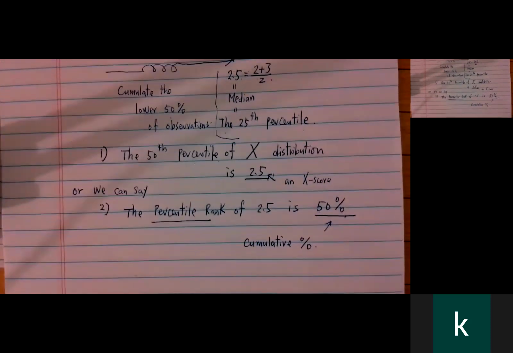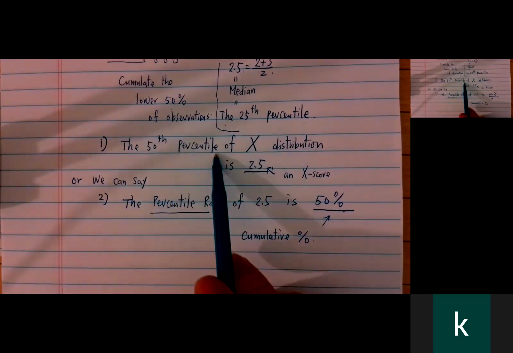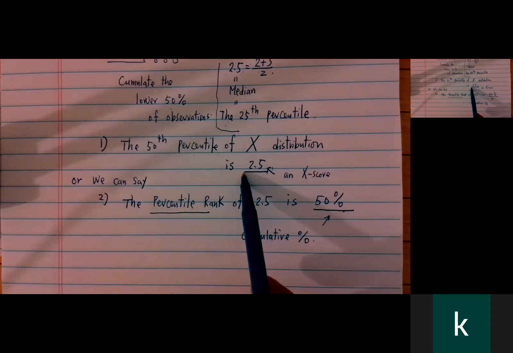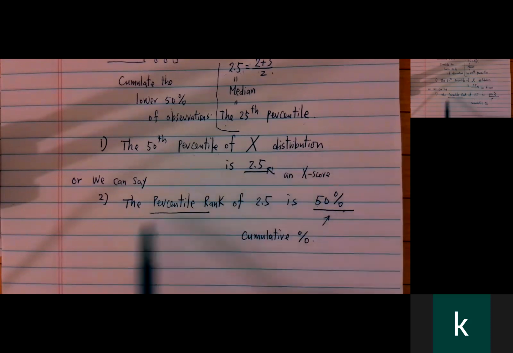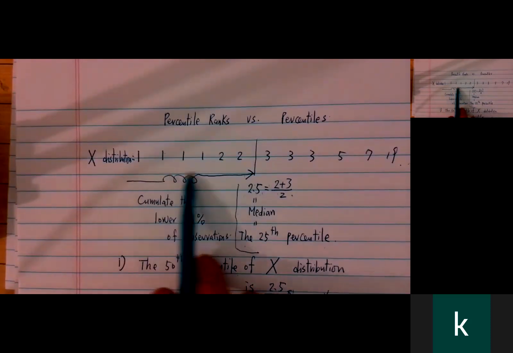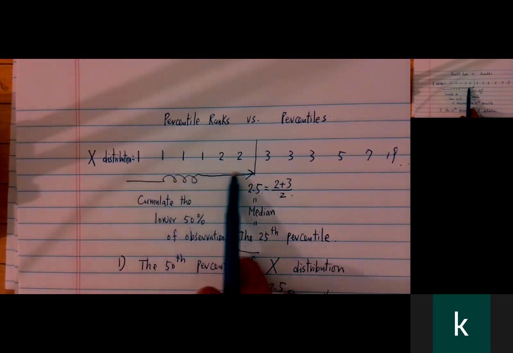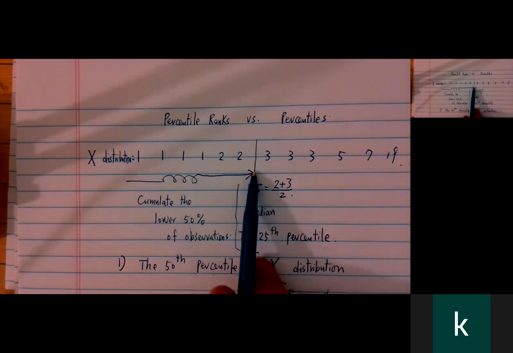So let's go over this again. Percentile refers to an X score, 2.5. And the percentile rank refers to the percentage. What percentage? If you accumulate observations from the very left up to an X score equal to 2.5, you accumulate the lower 50% of observations.